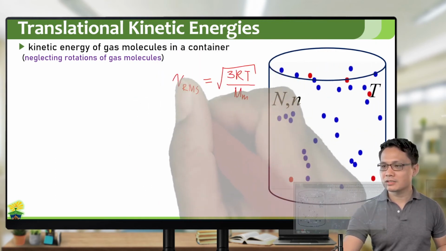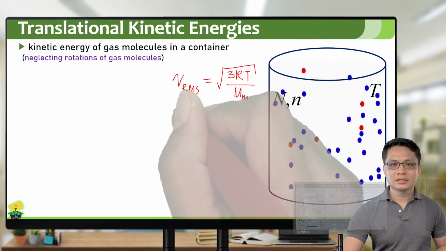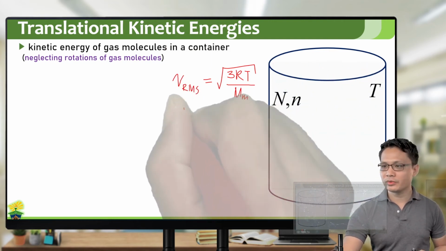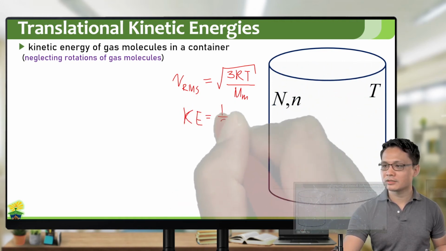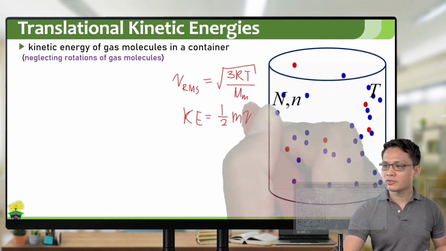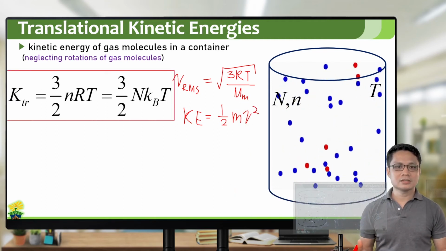Plugging in this value to the kinetic energy expression, KE is equal to 1/2 mv squared, we then get this expression.